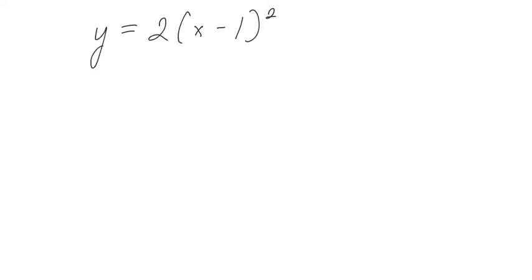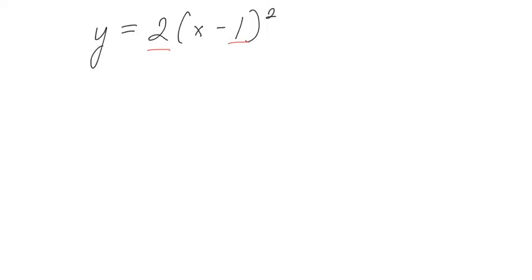So a typical question might ask you, what are the transformations that are applied to the parent function? And there are two. So again, we're looking at this number, and we're looking at this number.